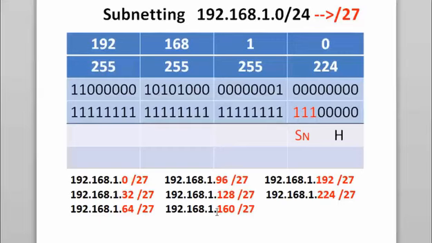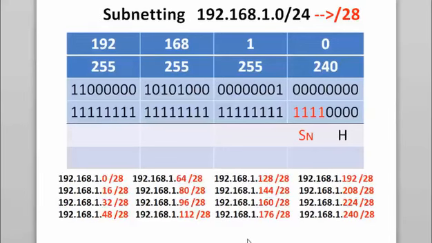And you can see that I now have 8 subnetworks created from the original 192.168.1.0 network. Each subnet is now /27. Notice that there are now 32 hosts, or 30 usable hosts, per subnetwork. We could go up to /28, and now I have 4 subnetwork bits.